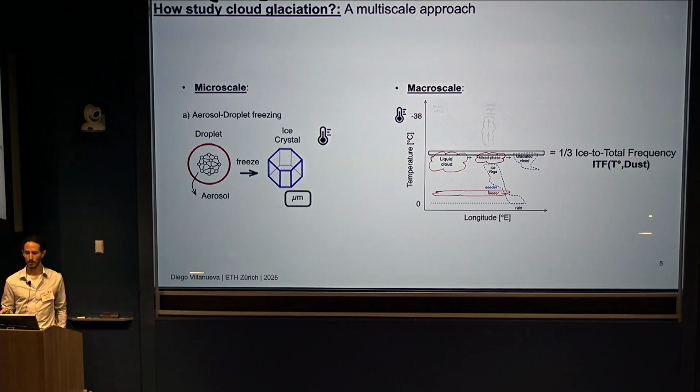So when I say something like 1/3 of an ice to total frequency, this means that the area is covered by 1/3 of ice clouds and the rest of liquid clouds. This is pretty useful because then you can look at different cloud top temperatures and also try to derive what is the signature that you see from the macro scale at different temperatures.